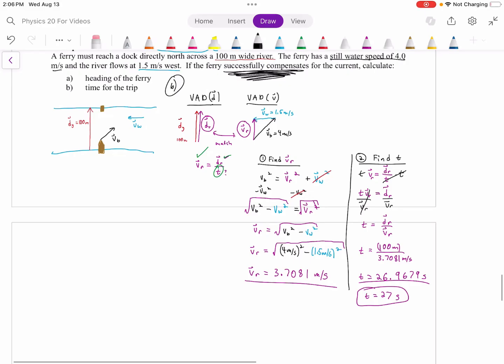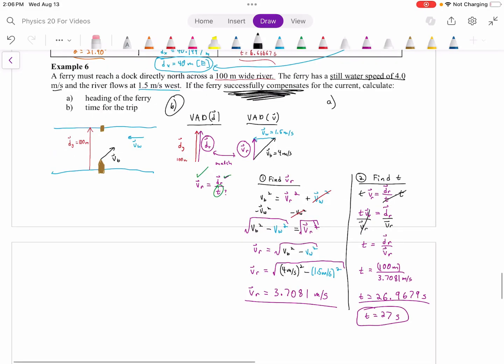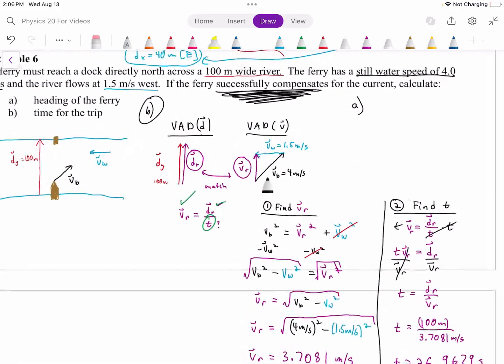All right, we can quickly do part A here as well. In fact, it's just going to boil down to using our VAD again. We're being asked the heading, so which way should it aim, which direction? Well, this is the direction it aimed. We could describe that with an angle, and we have opposite and hypotenuse.